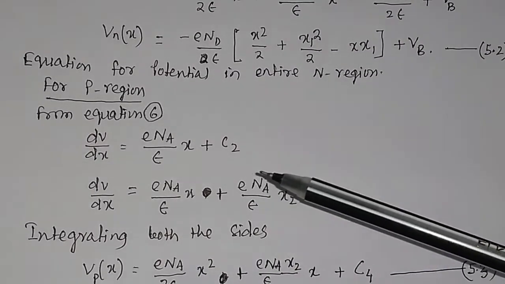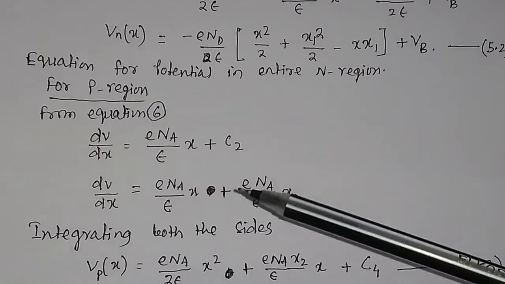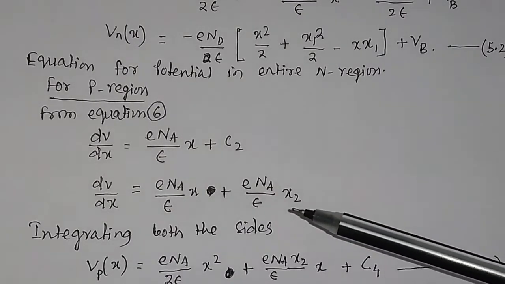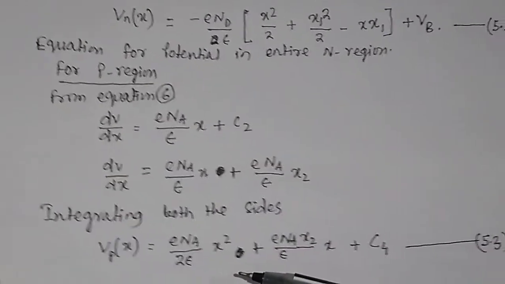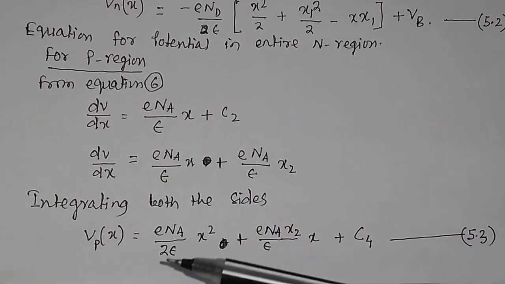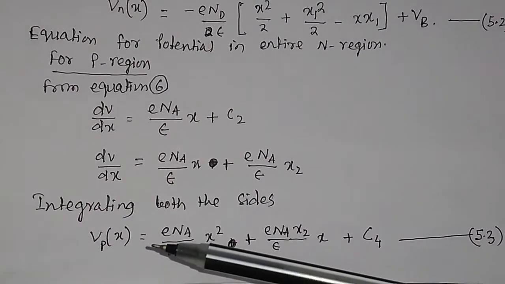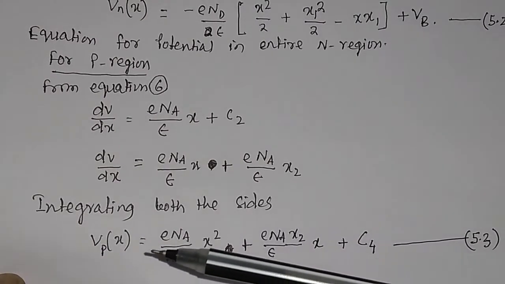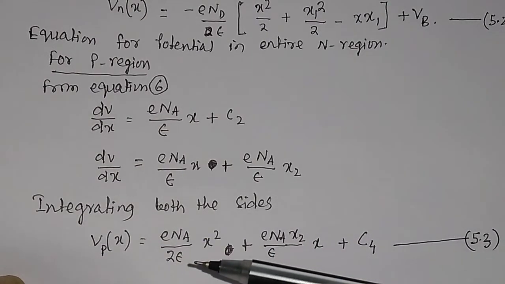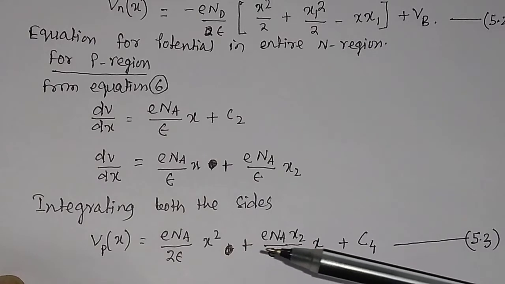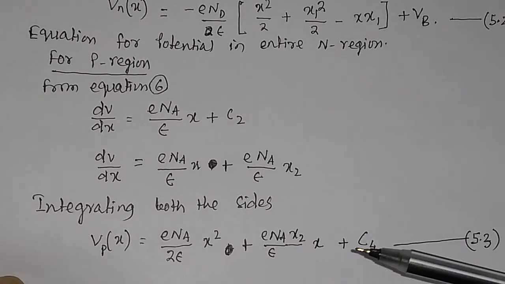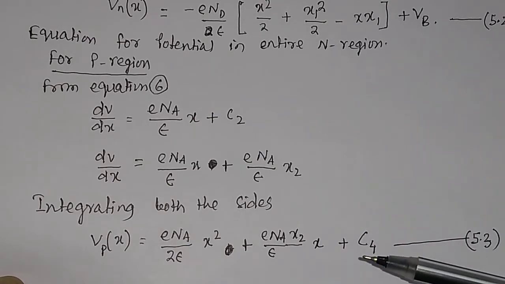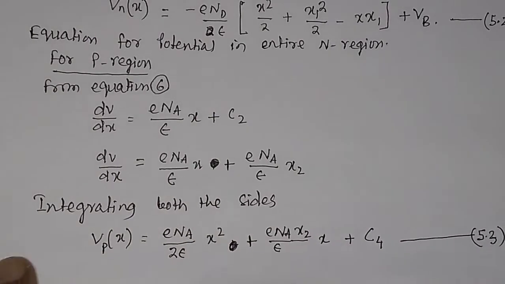If you substitute the value of C2, then this will be E Na divided by epsilon into x2, and you again integrate both the sides. If you integrate both the sides, you will get the expression for the potential for the P side, that is Vpx is equal to E Na divided by twice epsilon x square plus E Na divided by epsilon into x2 into x plus C4, and we have to find the value of C4 from boundary condition.